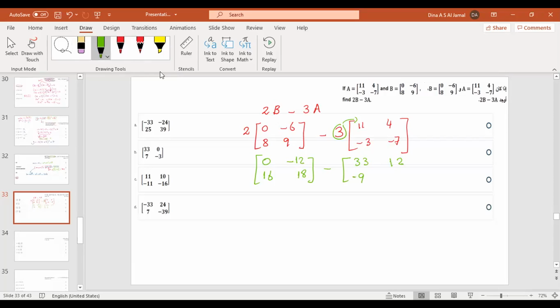And later you can perform the subtraction, and it's all about entries by entries. So minus 33, minus 24, 25, 39. Let's go find our solution. So this is your answer.